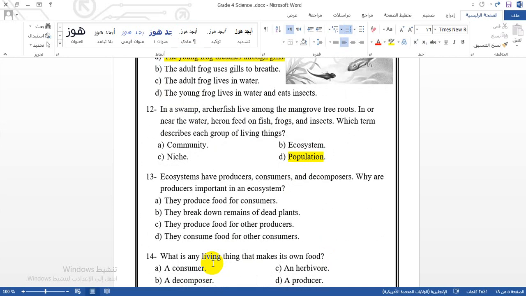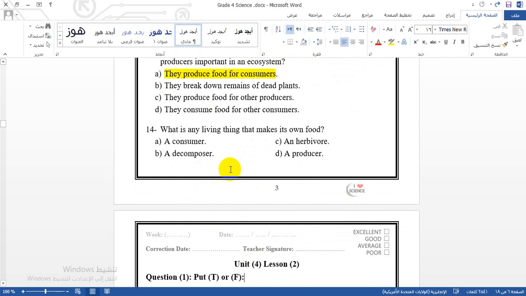For that reason it is important. Producers are important because they are the first link of the food chain, and also because they produce food for the consumers. So I have to select this one, they produce food for the consumers. This is the correct one. What is any living thing that makes its own food? Sure, it is the producer. They carry out the process of photosynthesis.